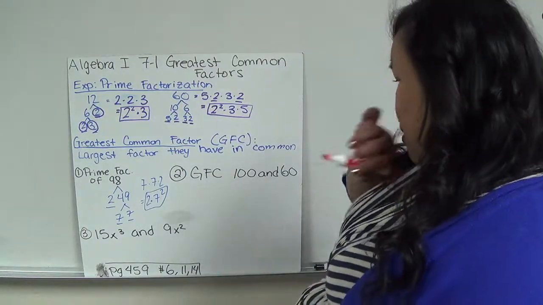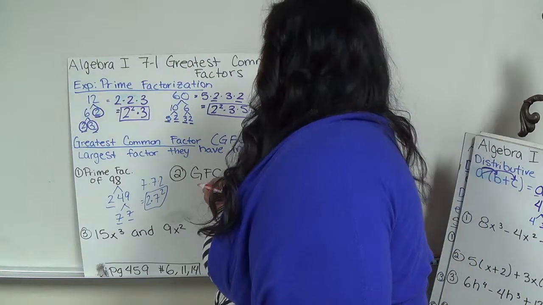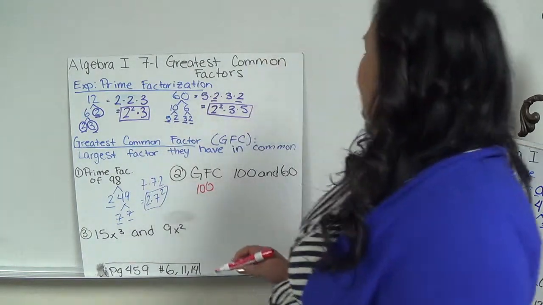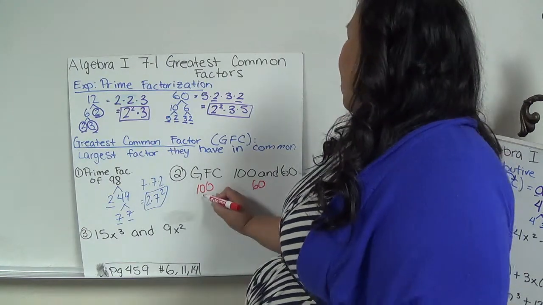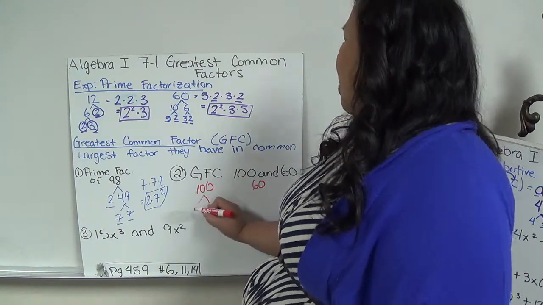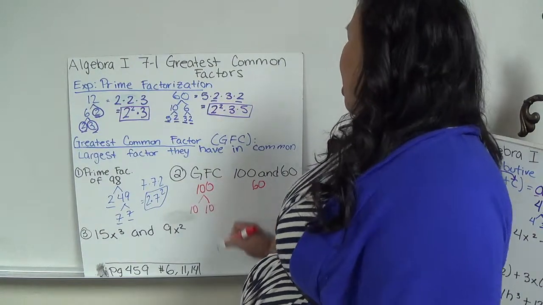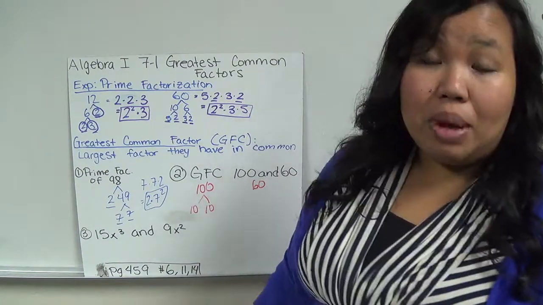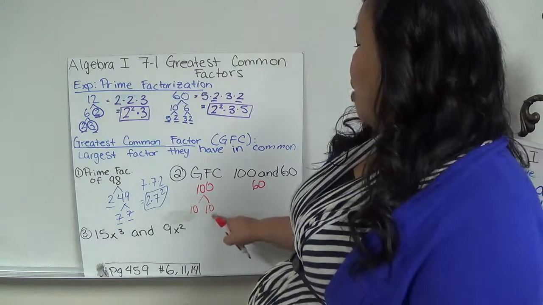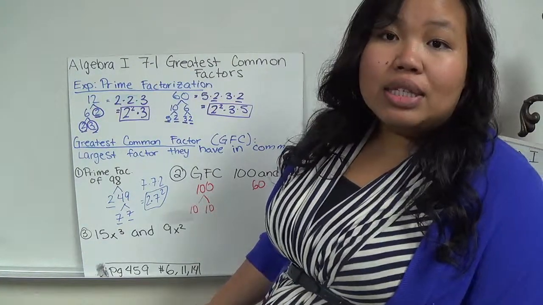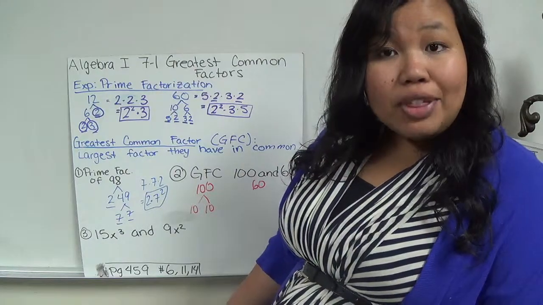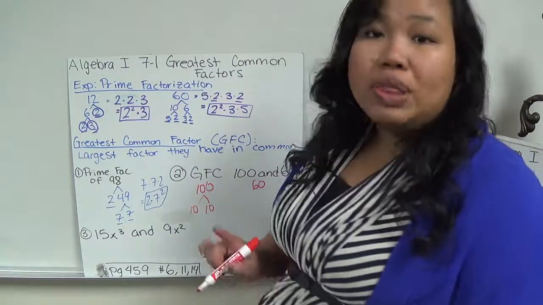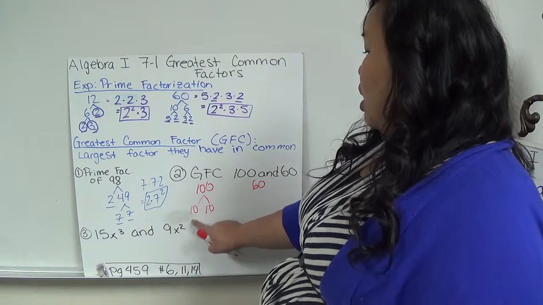So we have 100, and then we have 60. We know that factors of 100 include 10 times 10. I don't have to go to the prime numbers, because it needs to be a bigger number. If a prime number is all they have in common, then I can go there. But let's start with the biggest, so I don't have to keep factoring these out. Let me just find multiples.